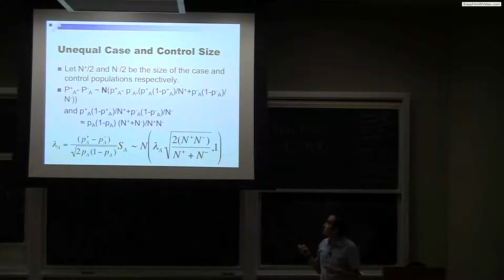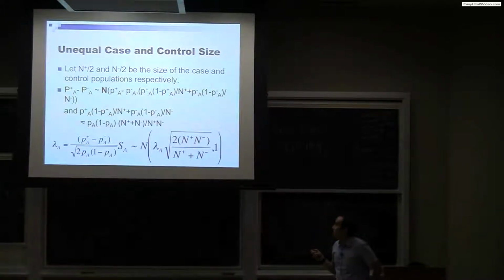This difference is now going to have n plus and n minus instead of n. Those are different values. If you use the same concept, instead of assuming that this is going to be 2 pa times 1 minus pa, it's actually going to be this value, which is kind of close to it. Your statistic is going to have the same noncentrality parameter, this value here.